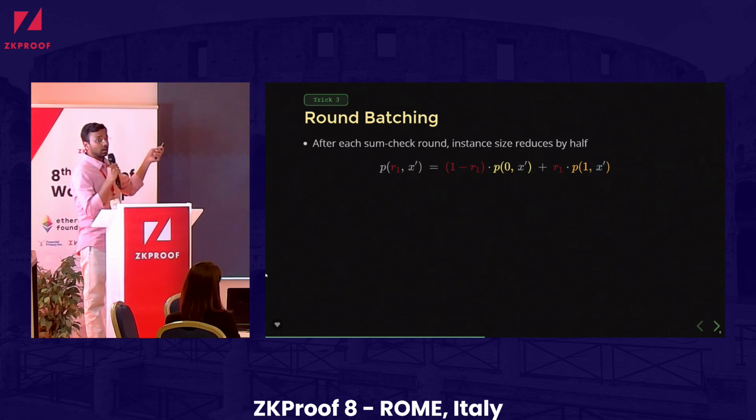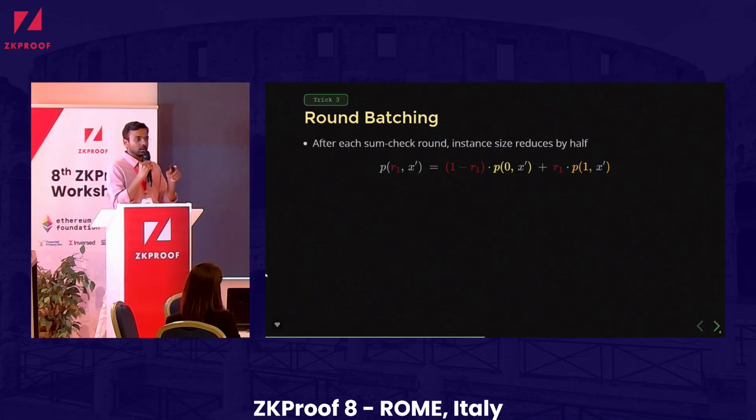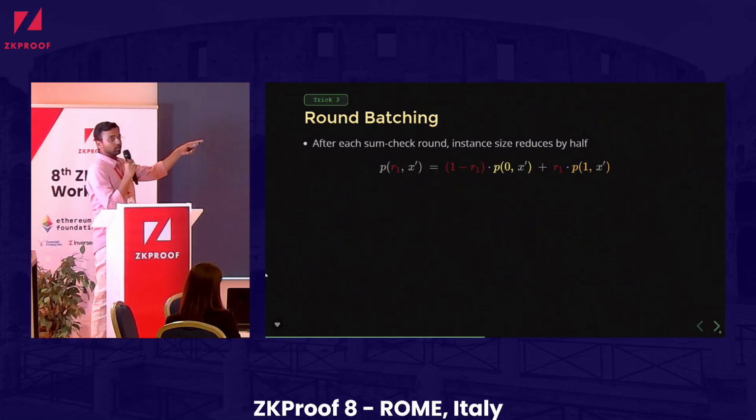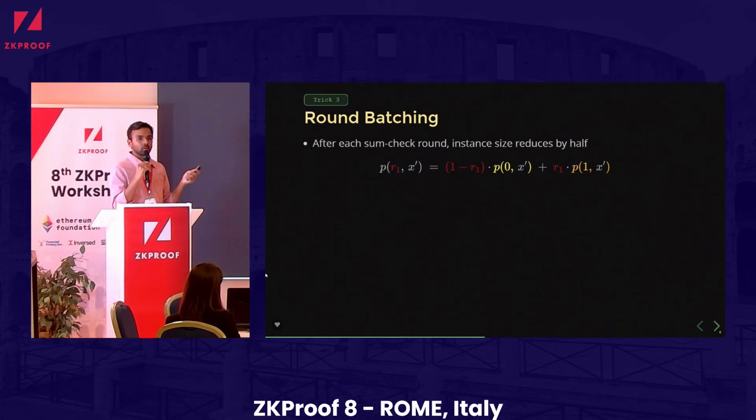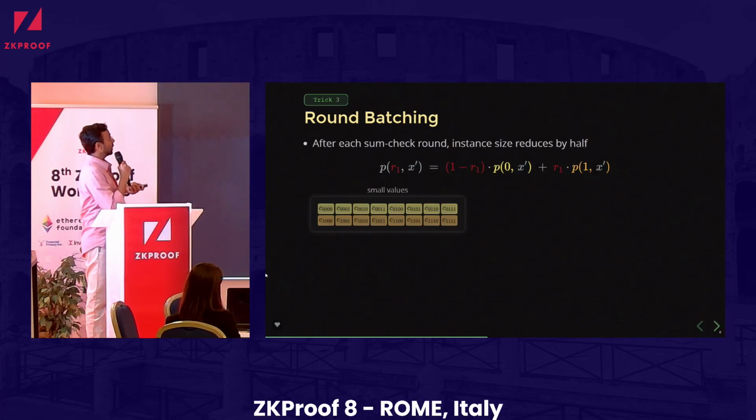So for example, after the first round, once you get this R1 challenge, let's say P is your original multilinear polynomial, you bind the first variable to R1 by computing this linear combination. Now we know R1 is a big field element, a full 254-bit field element.